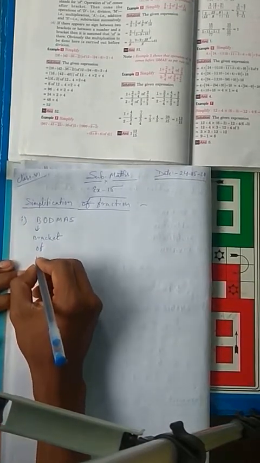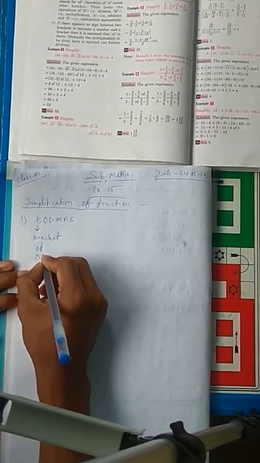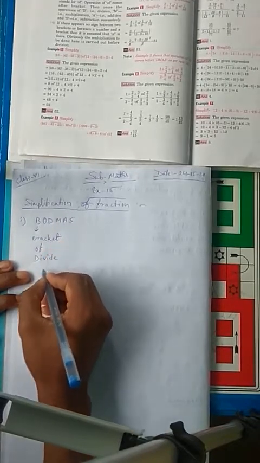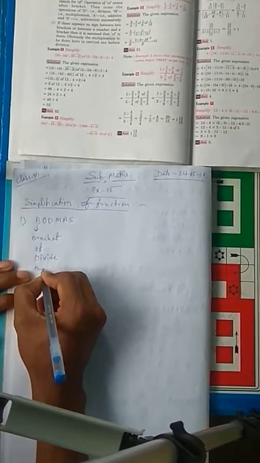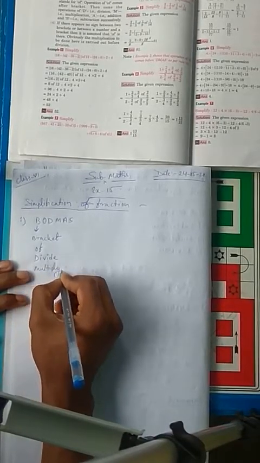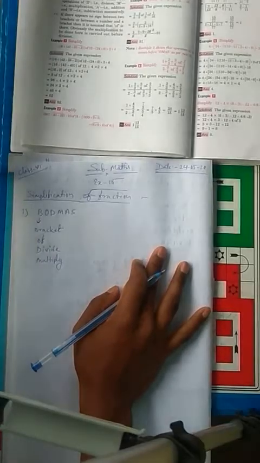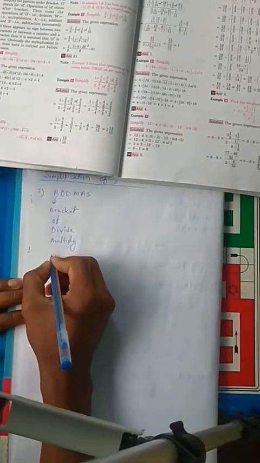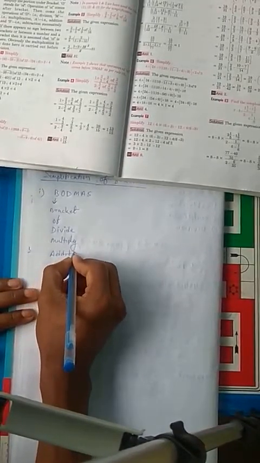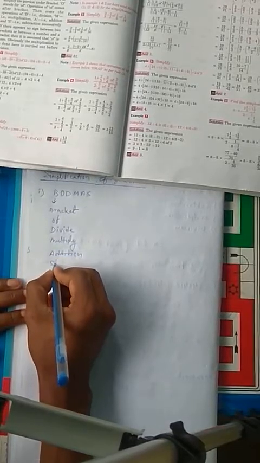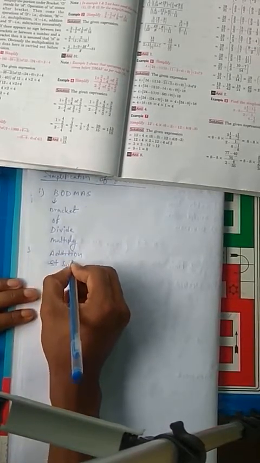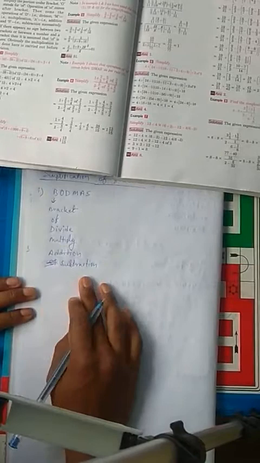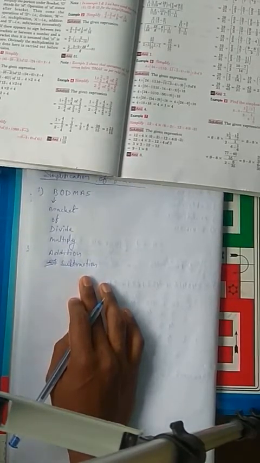D stands for divide, M stands for multiply or multiplication, A stands for addition, and S stands for subtraction.